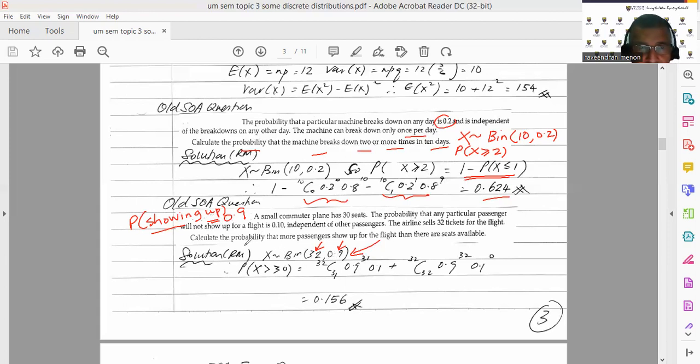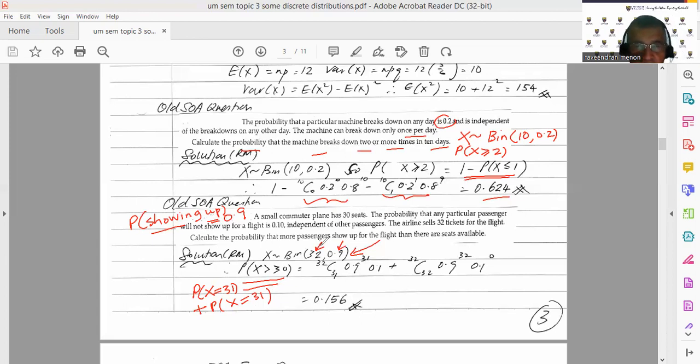Now, you are asked to find the probability that more passengers show up for the flight than there are seats available. So the probability that X is bigger than 30. X bigger than 30 must be 31 or 32.